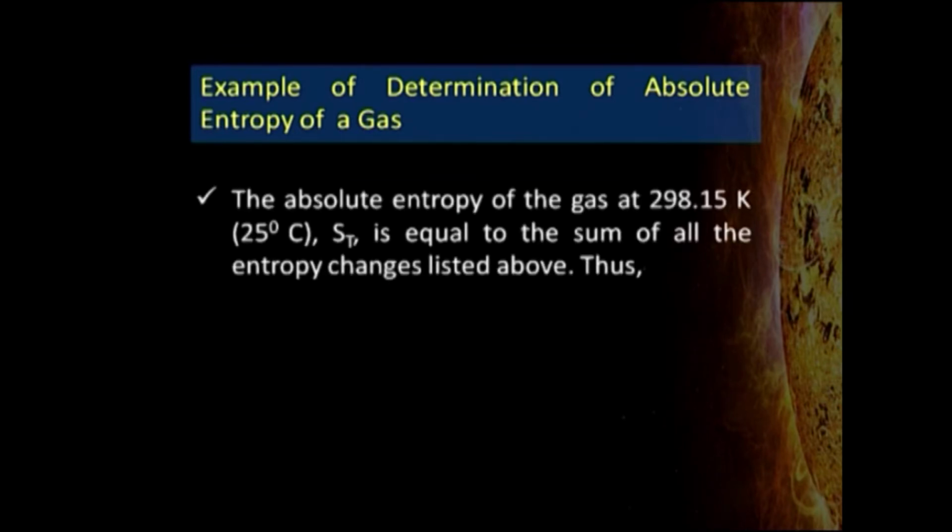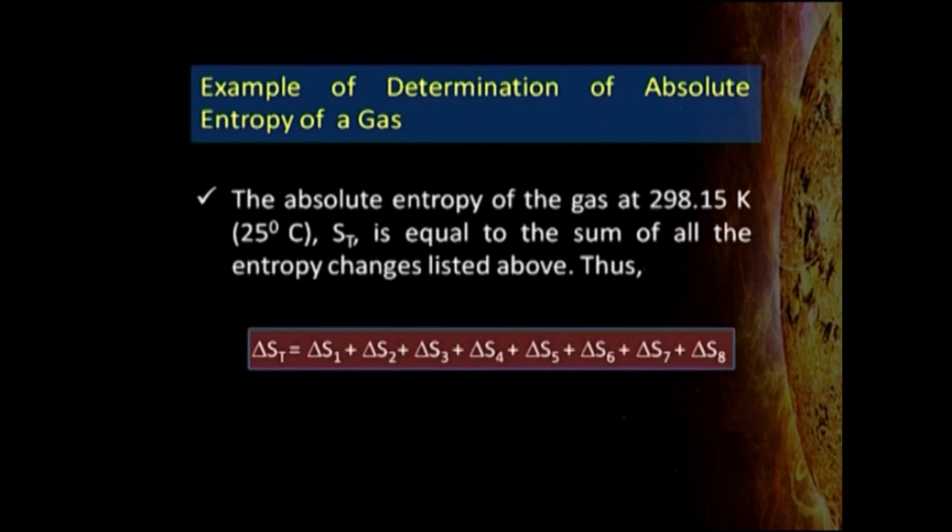The absolute entropy of the gas at 298.15 Kelvin, that is at 25 degrees Celsius, which is represented by St, is equal to the sum of all the entropy changes listed here.